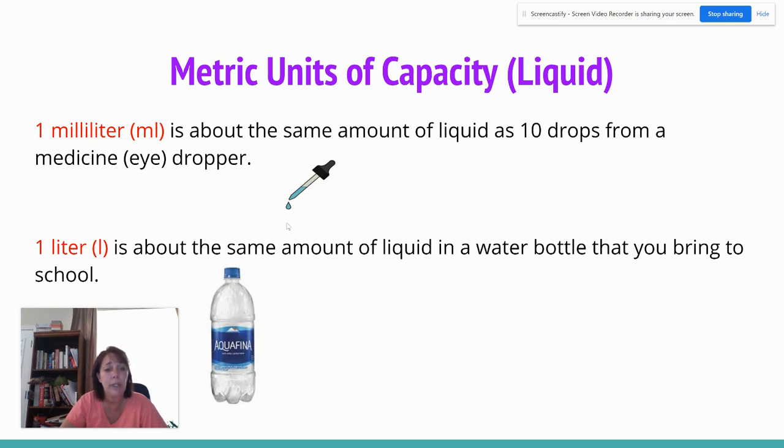That would take forever. 1 liter, remember, liter, liquid, is about the same amount of liquid as all y'all's water bottles that you bring into the classroom. All those water bottles sitting on your desk, think about that as a liter.